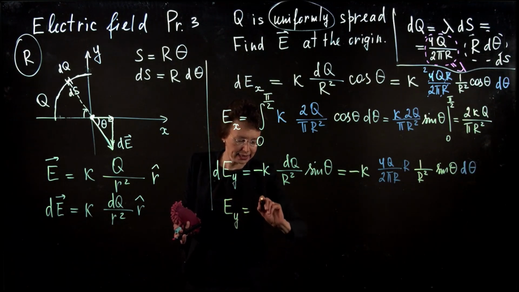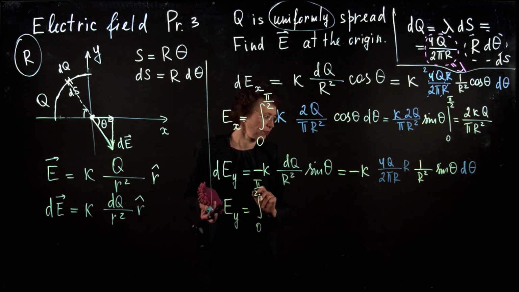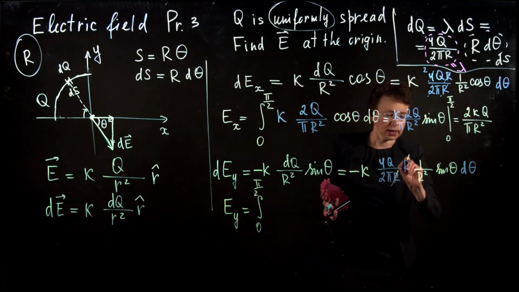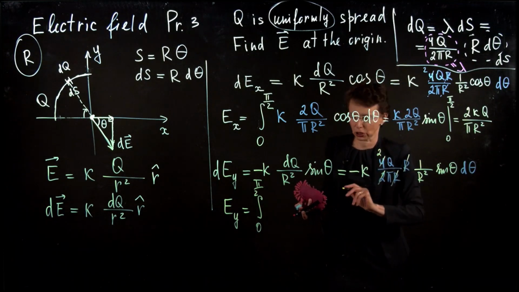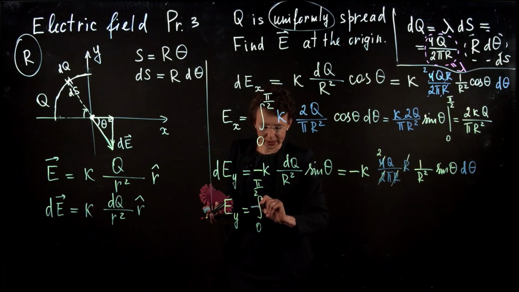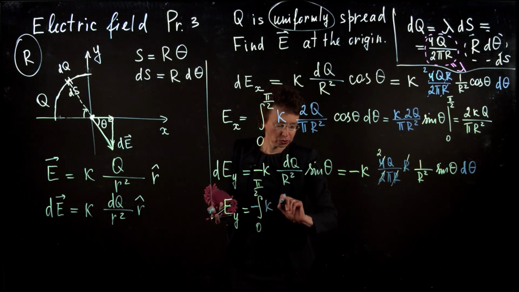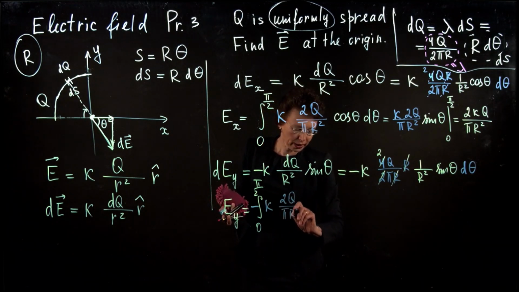Ey is integral from 0 to pi over 2. r and r gone, 4 and 2, I have 2. So I have constants minus k 2q divided by pi r squared.